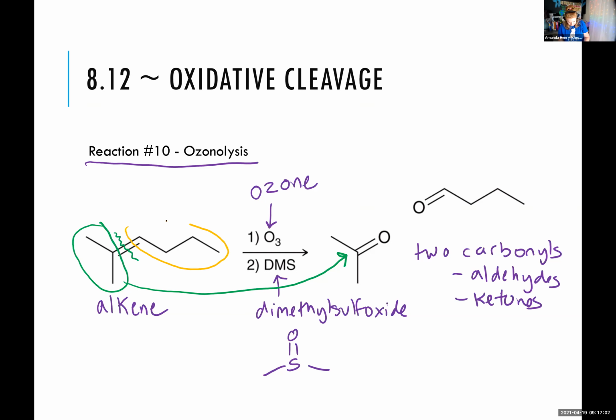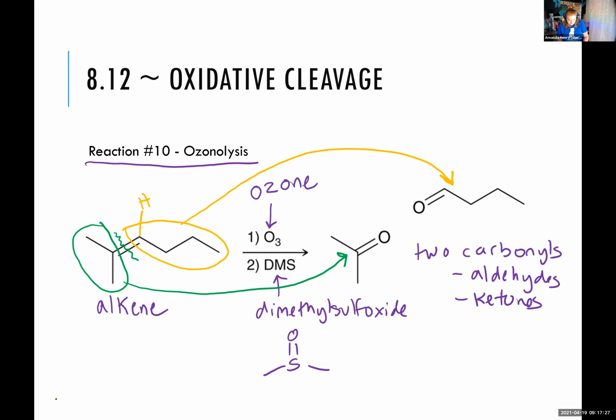And this part right here becomes this aldehyde. The reason why the one I circled in orange is an aldehyde is because there's a hydrogen right there. So if our vinylic carbon has a hydrogen attached to it, then it will become an aldehyde. And if it has 2 carbons attached to it, then it will become a ketone.